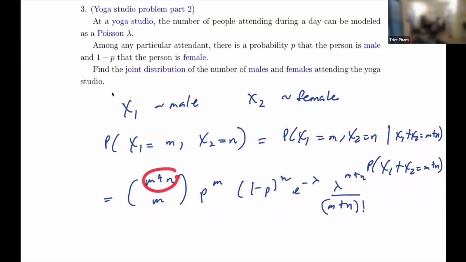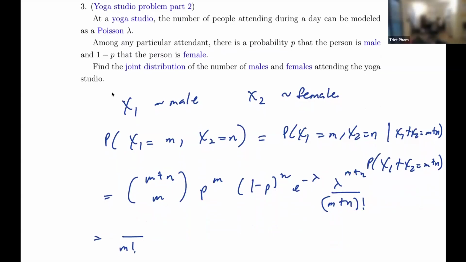It's m plus n factorial, which cancels with this. So you have something like 1 over m factorial. You have p to the m, which can combine with lambda to the m to give you something like lambda p to the m. Then it seems like what you're missing is e to minus lambda p. So let's put it there.